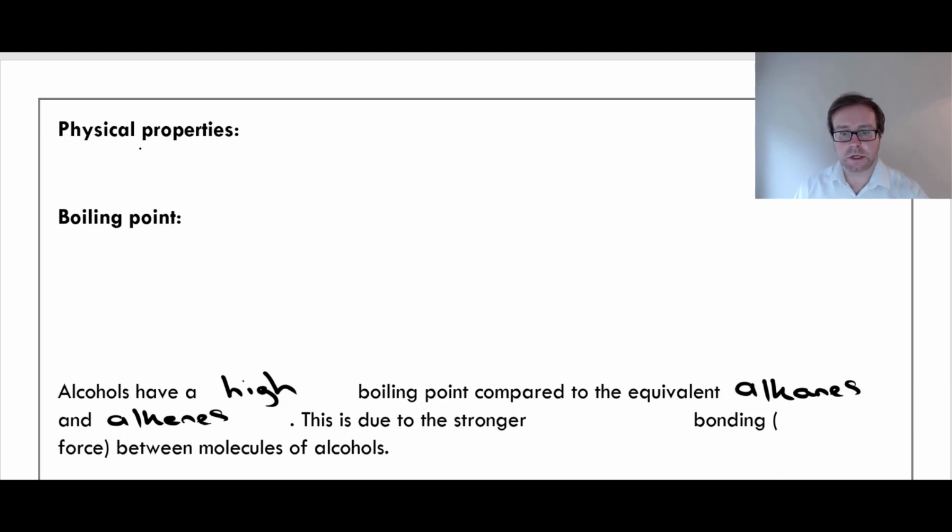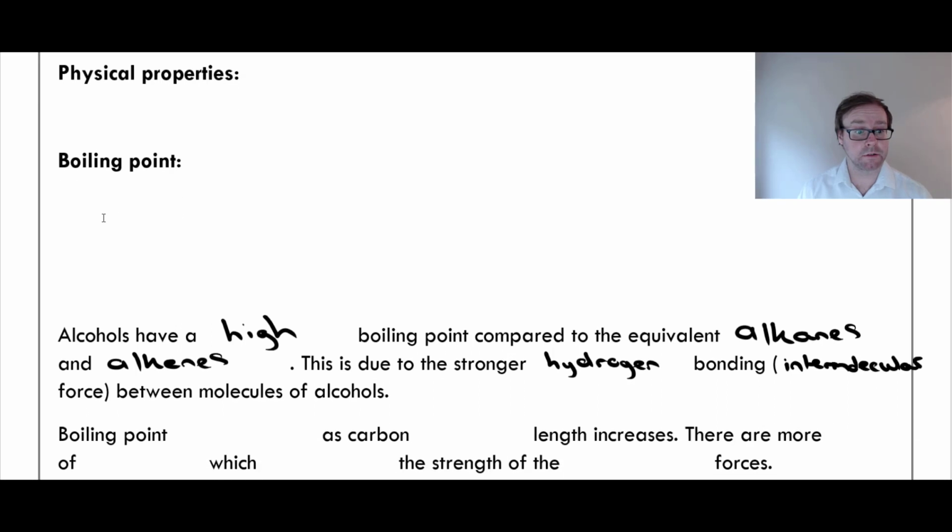This is due to the stronger hydrogen bonding, which is an intermolecular force. If you're unsure about intermolecular forces, you'll have to watch the video on intermolecular forces, and this will give you some more idea between molecules of alcohols.